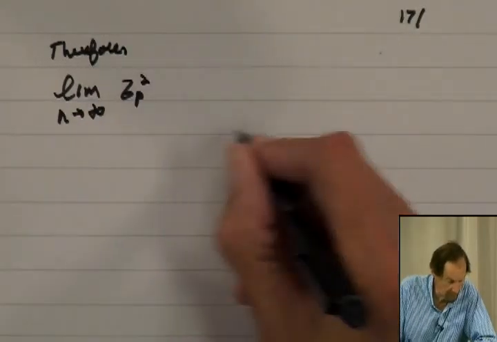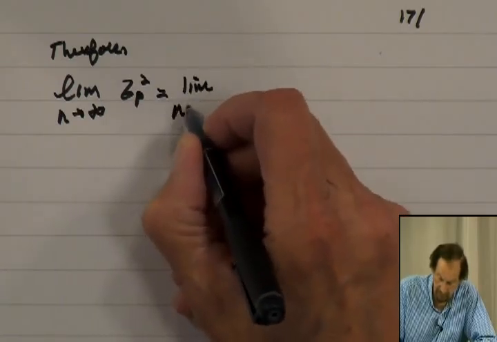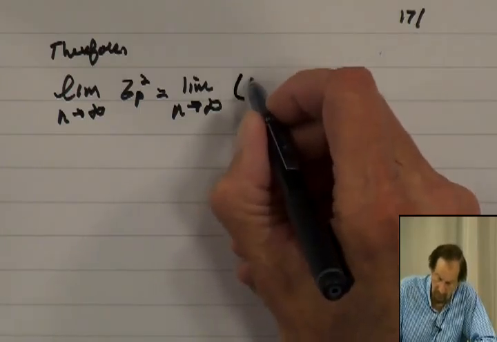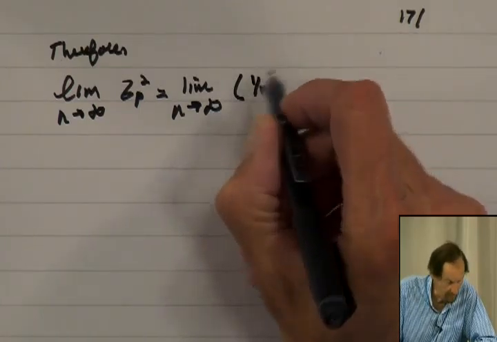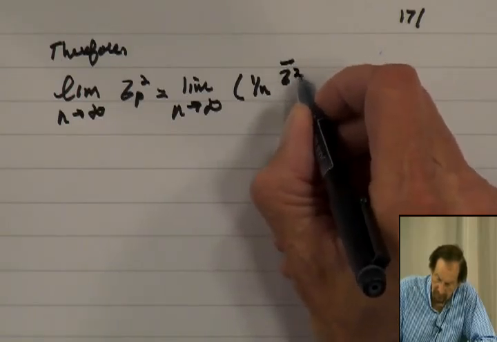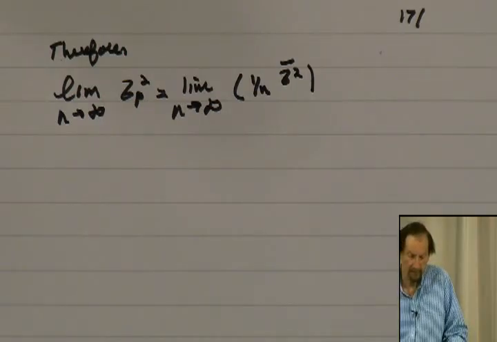What do we get? The limit as n goes to infinity of 1 over n times sigma bar squared, that's our average asset variance.